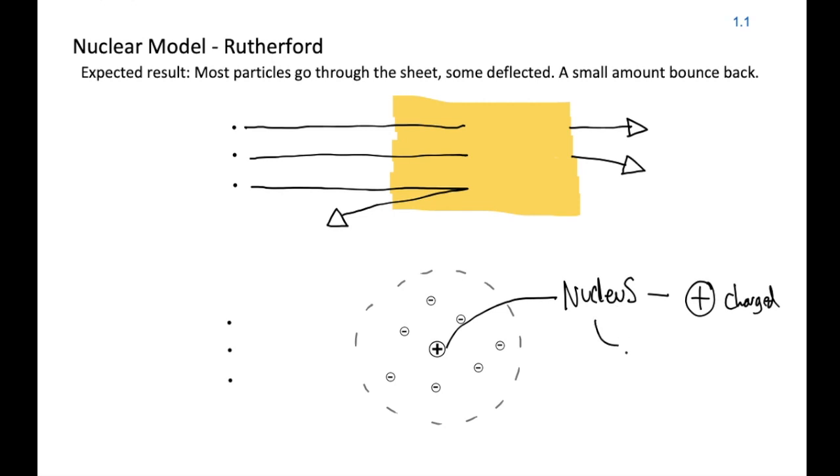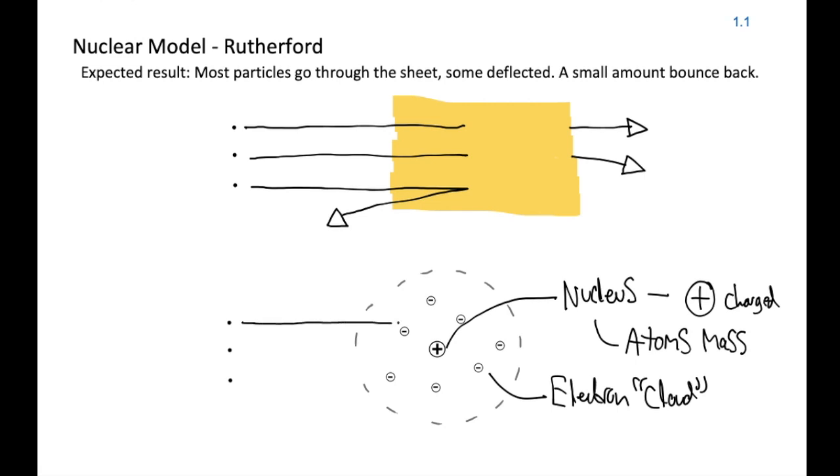And not only that, but most of the atom's mass, nearly all of it, was concentrated also in this small spot at the center, while there was a cloud of negatively charged electrons surrounding the nucleus. And this would actually explain the results perfectly, because most alpha particles fired at this atom would pass through the cloud part of the atom, which is mostly empty space.